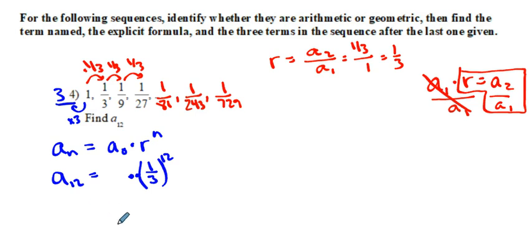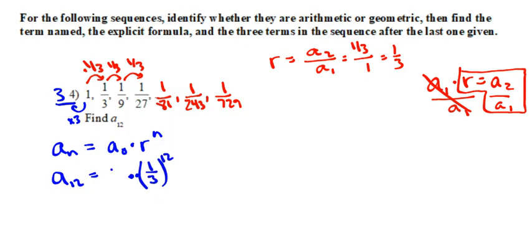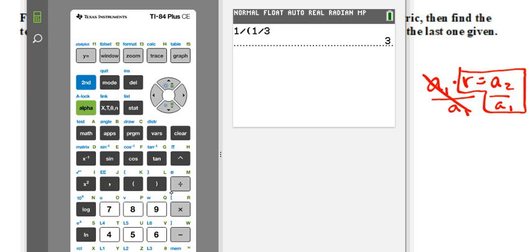And you'll get 3. If you wanted to do that in your calculator, you can just do 1 divided by 1/3, and it would tell you 3. That's what goes there. And then if I put 3 times 1/3 to the 12th power in my calculator, it's going to give me this crazy number, and you're like, oh, that's a big number.